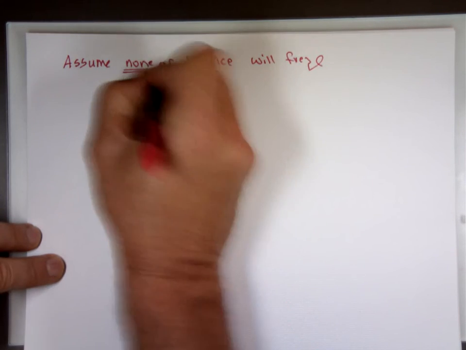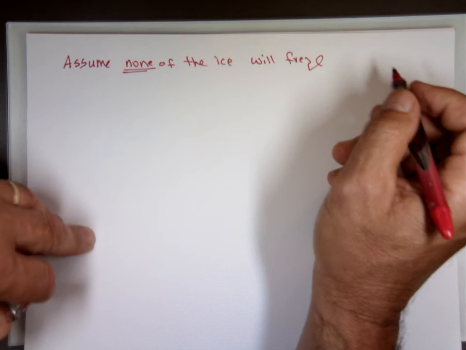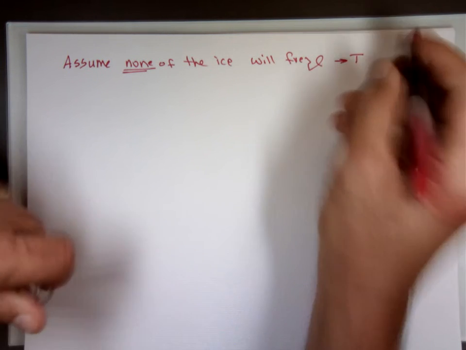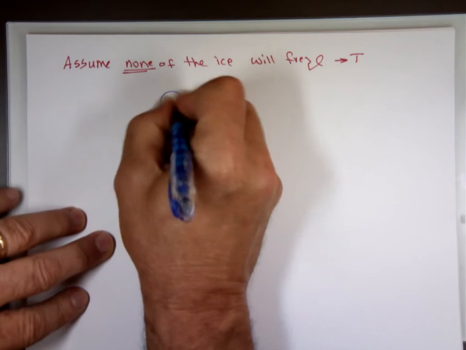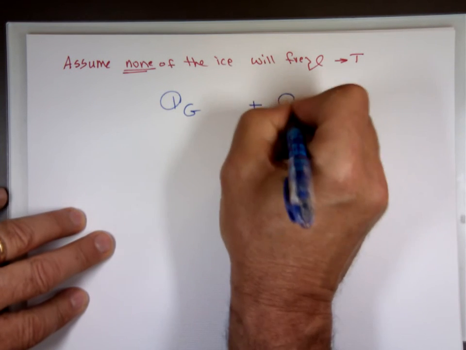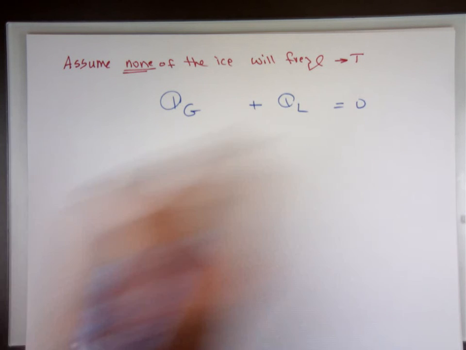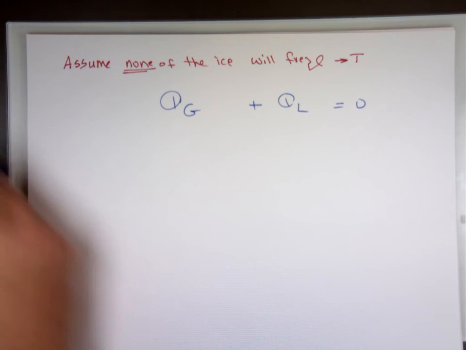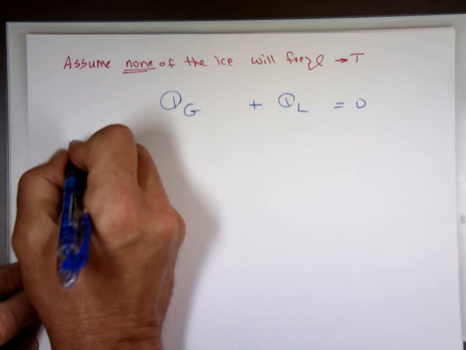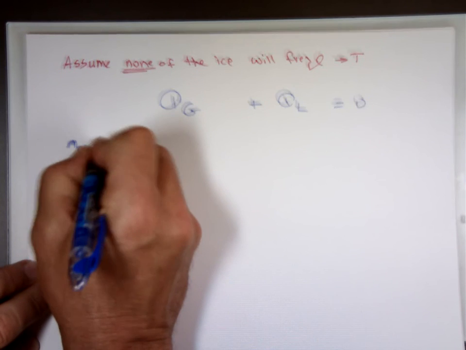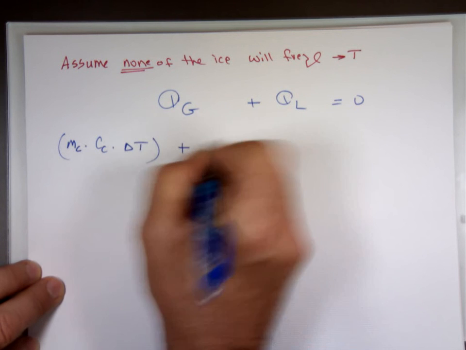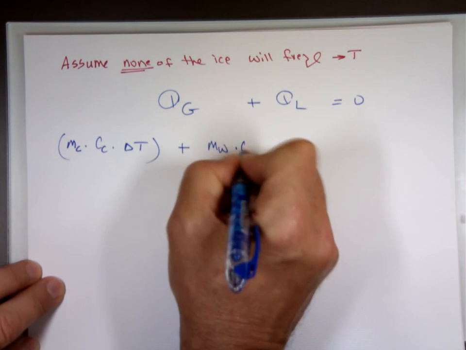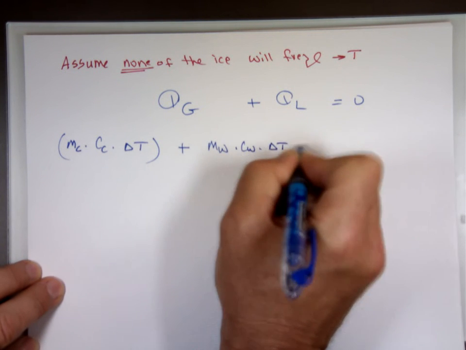Assume none of the ice will freeze. Final temperature is T. Well, here we go. Let's see. Q gained, Q lost equals 0. What's gained? The copper. Lost is the water and the aluminum.